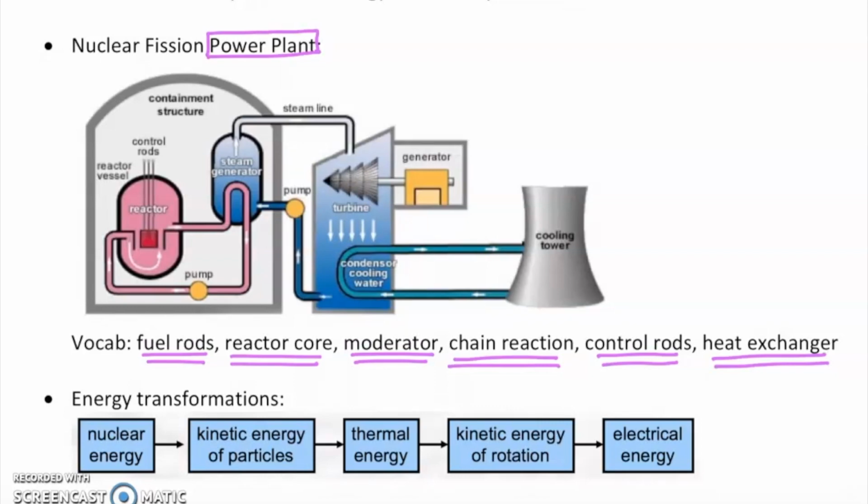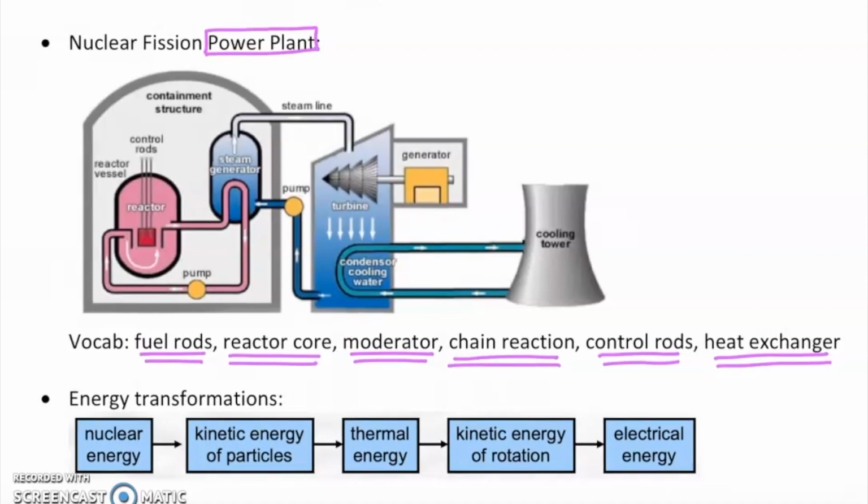Let's talk through the energy transformations. So in the reactor core right over here, we are going to start with nuclear energy, meaning that we have an atom that is unstable. It is essentially stored up energy, and it really wants to become more stable.